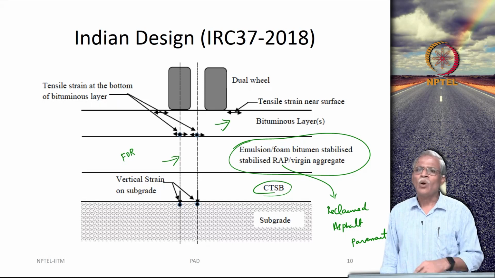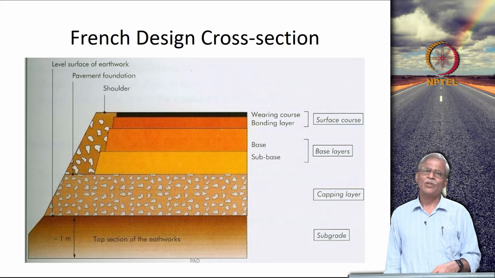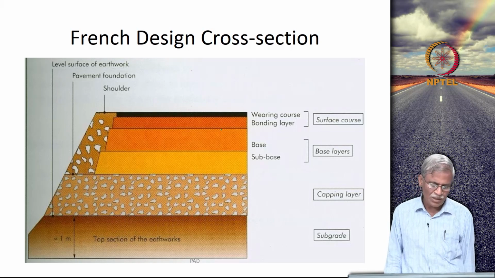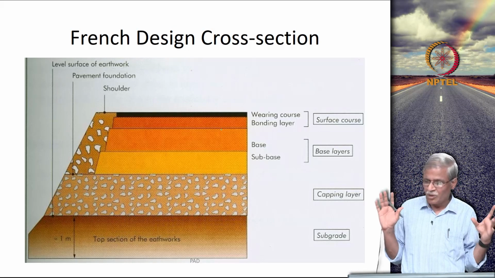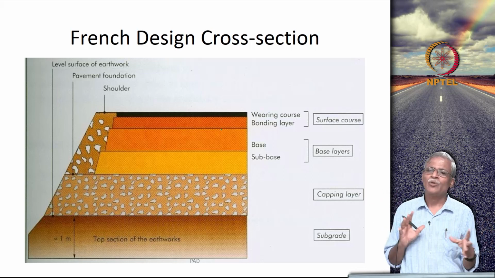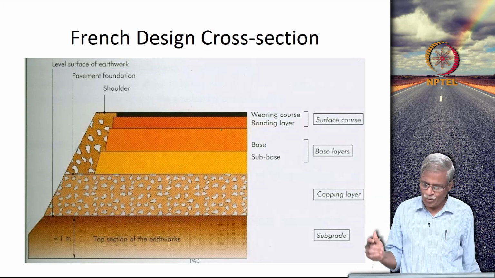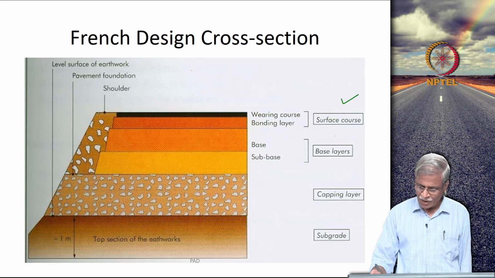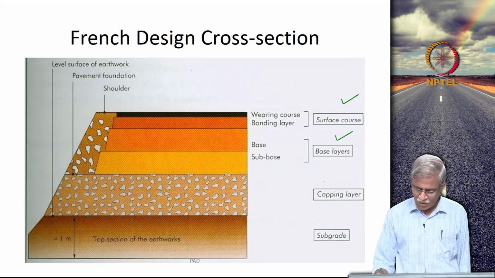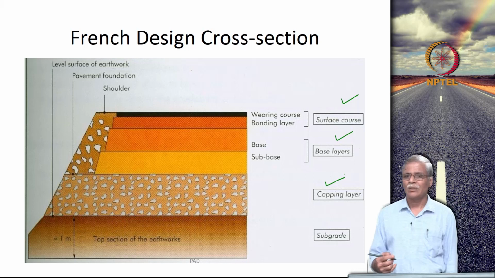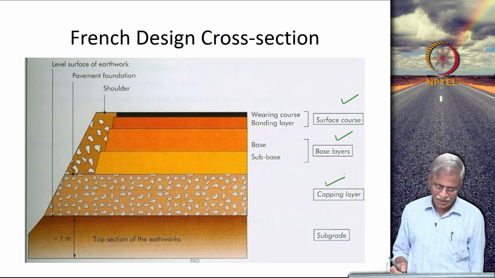We will slightly go out and see what happens to the French cross section. The French cross sections are empirical, and work very well. So, they do not give you much flexibility about what should be used. So, there is a surface course, there is a base course, and this is called a capping layer. It could be a drainage layer, it could be anything.